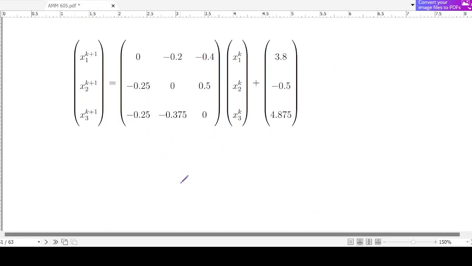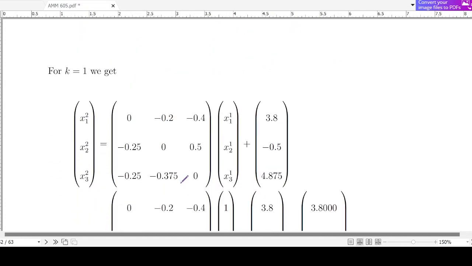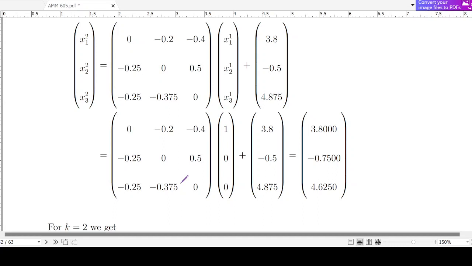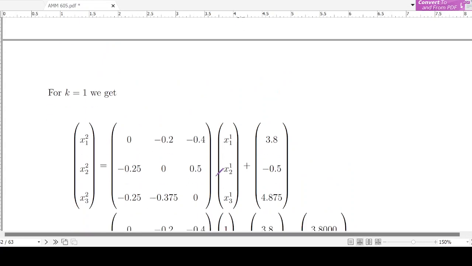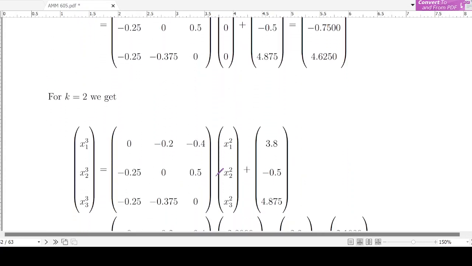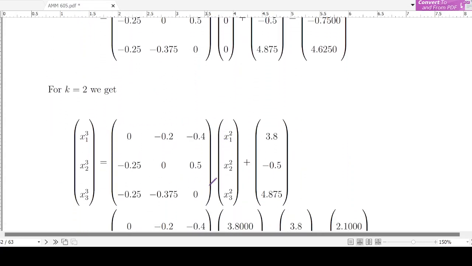Get an equivalent system here. And from that, we start with the initial approximation 1, 0, 0, which will give us this. Substitute here 1, 0, 0. You get that. When k is 2, the system will look like this.